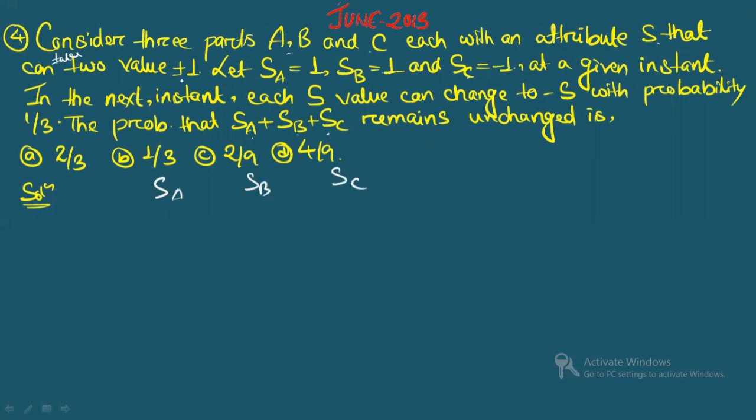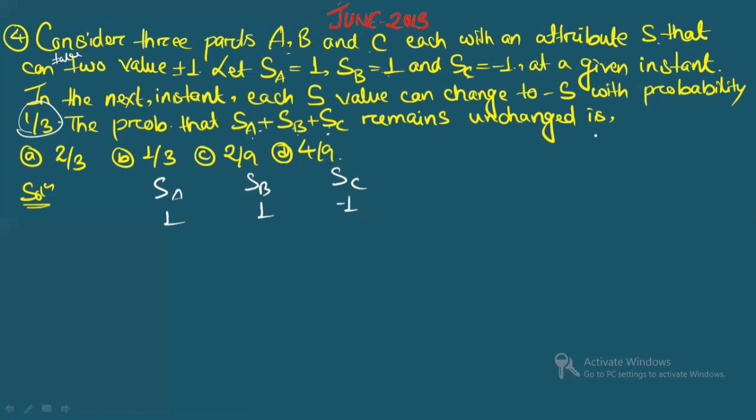Now here it is said they can take either +1 or -1, these two values. It is given to you SA is 1, SB is 1, and SC is -1. At an instant these values are given. In the next instant S will change to -S, and the probability of changing is 1/3. Then you will have to calculate the probability that SA plus SB plus SC will remain unchanged.